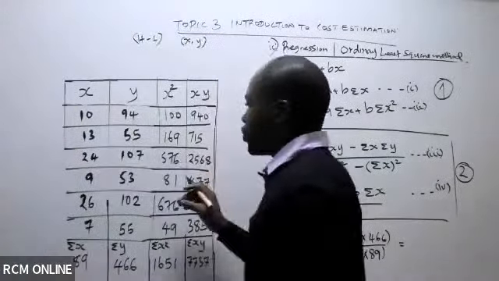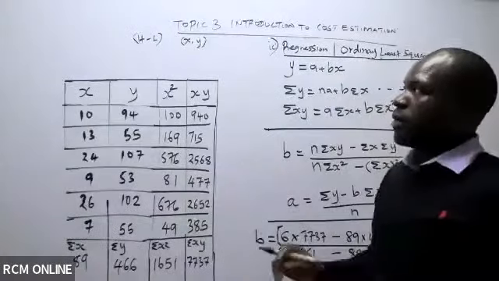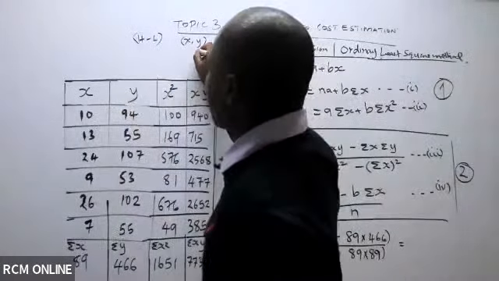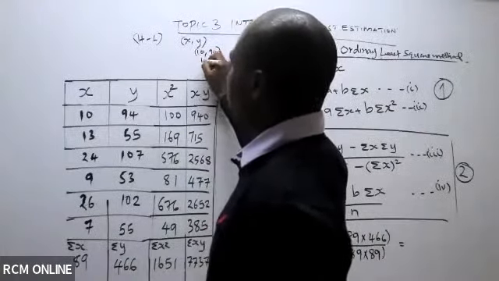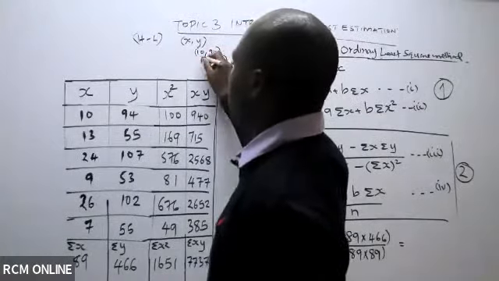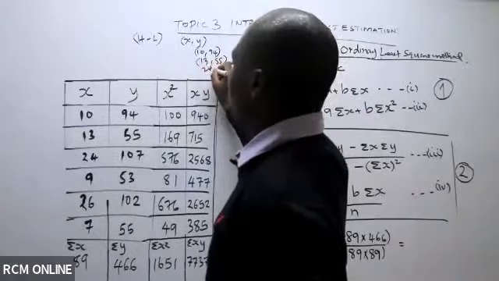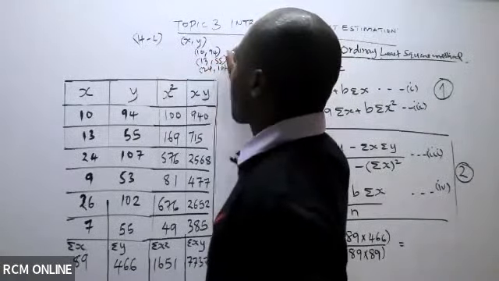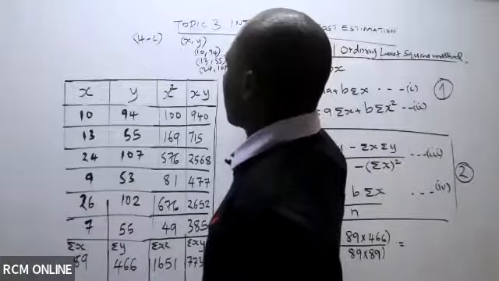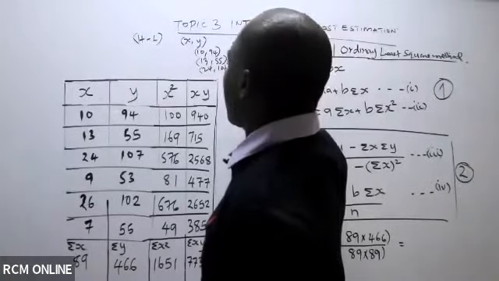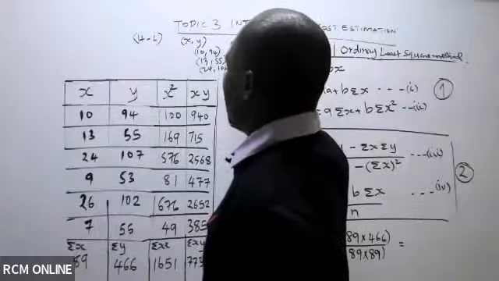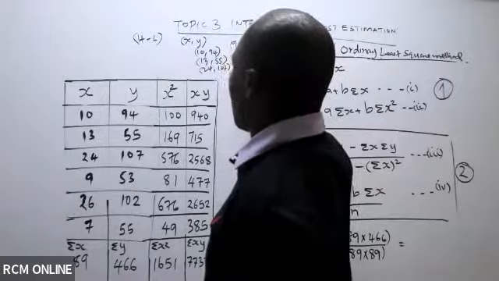The first X, Y is 10, 94. That is 1. The next one, 13, 55. That is 2. Then 24, 107. The next one, 9, 53. Then 26, 102. The next coordinate, 7, 55.